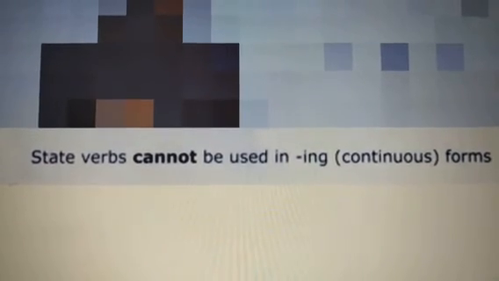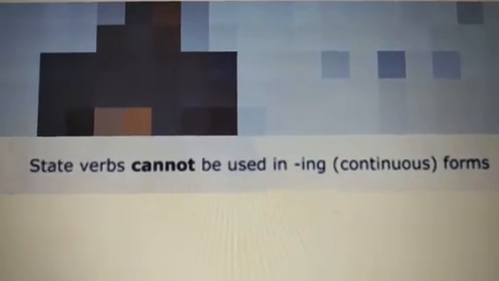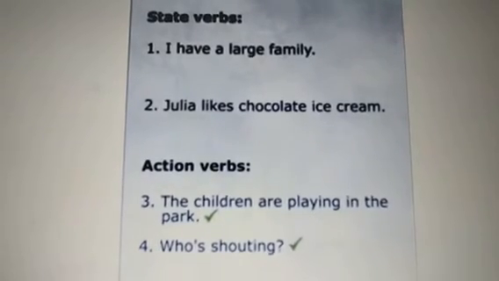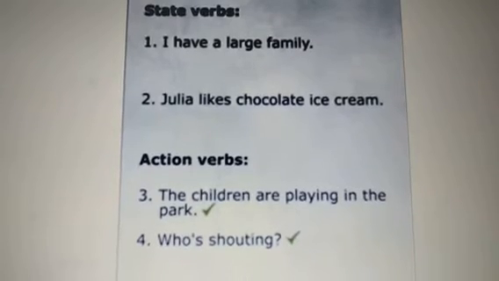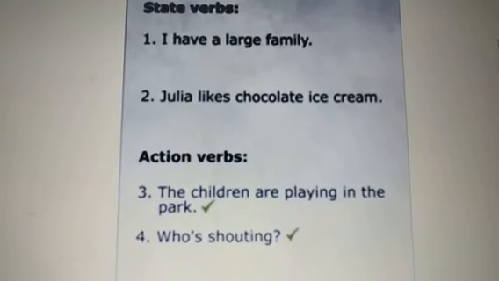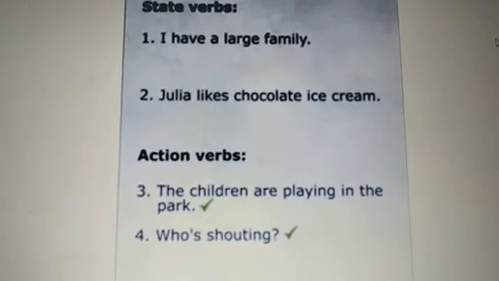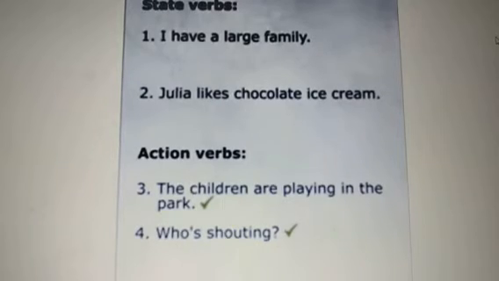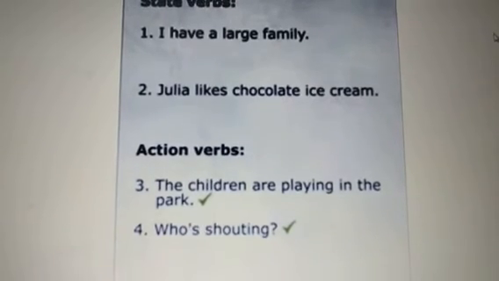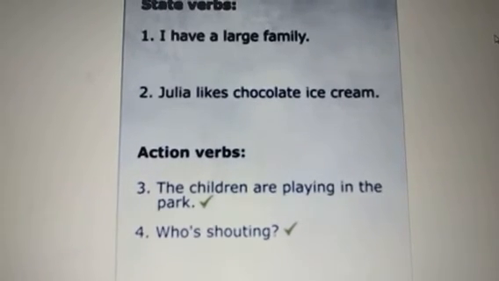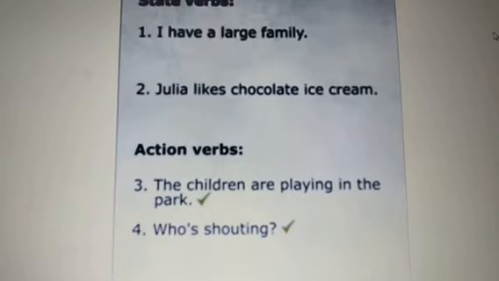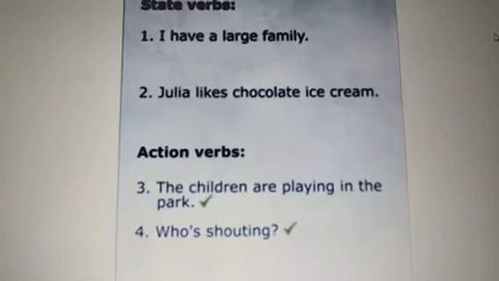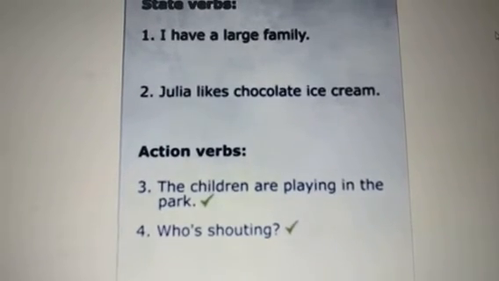So let's look at a couple of examples from action verbs. Now we can say the children are playing in the park, and who is shouting. Both of these sentences are correct because the verbs play and shout are physical actions.